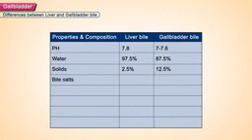Bile salts are 1.1 gram per deciliter in liver bile and 6 grams per deciliter in gallbladder bile. Bilirubin is 0.04 grams per deciliter in liver bile, whereas it is 0.3 in gallbladder bile.